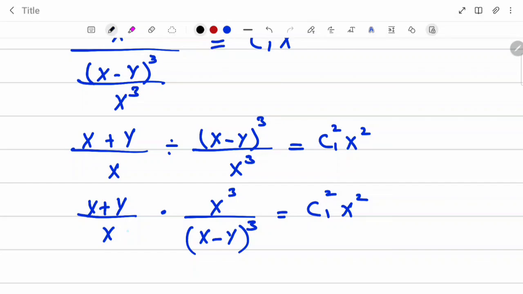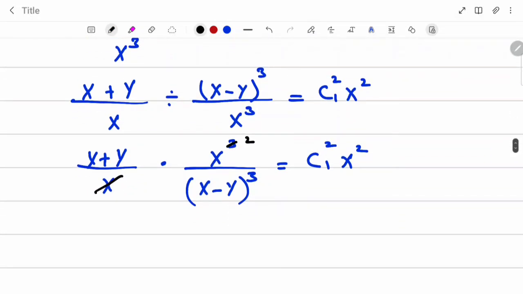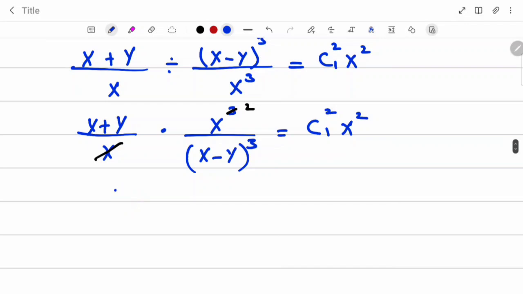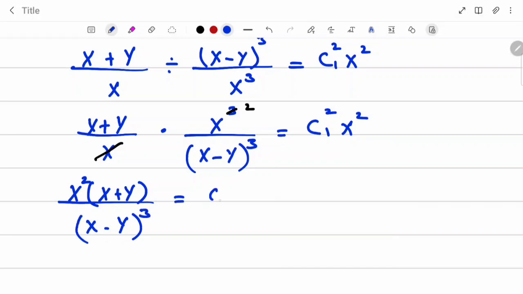Now, can I cross this? Make it 2. So x plus y, x square over x minus y cube equals c1 square x square.